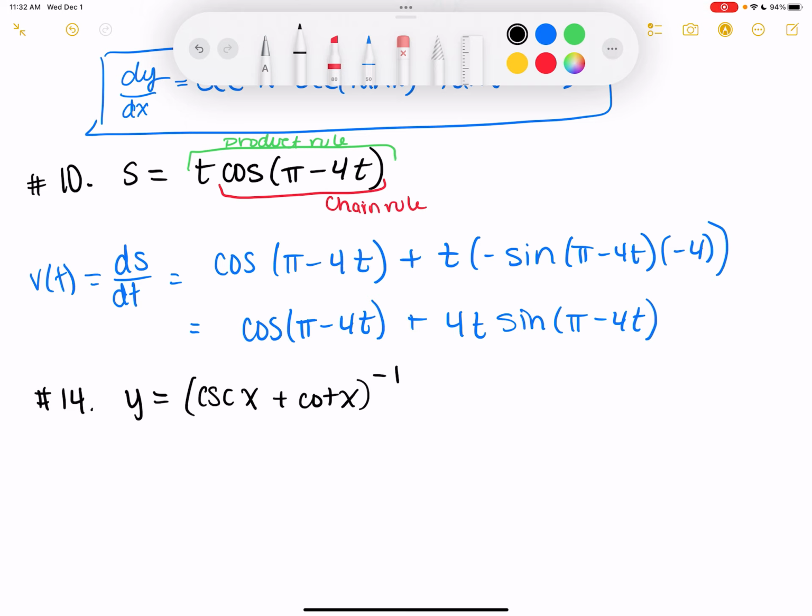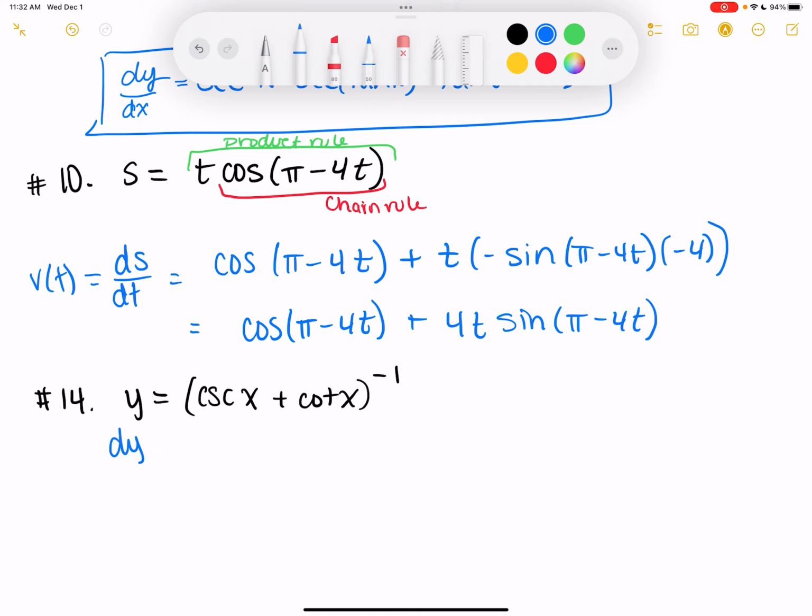So I've got to imagine everything in parentheses like it's not there right now, like it's just one variable by itself. So I'm going to take the derivative of the outside parentheses, and then I'm going to take the derivative of the inside.